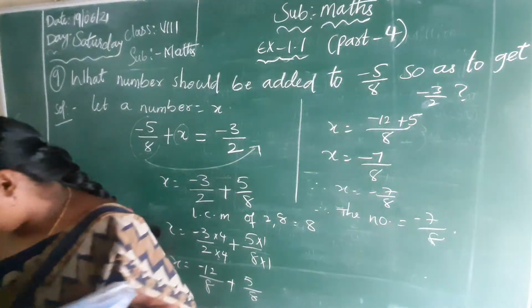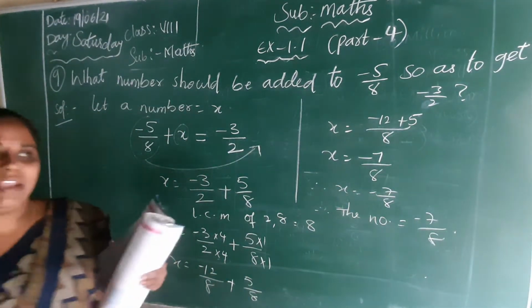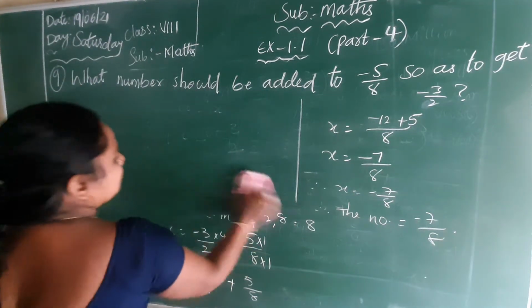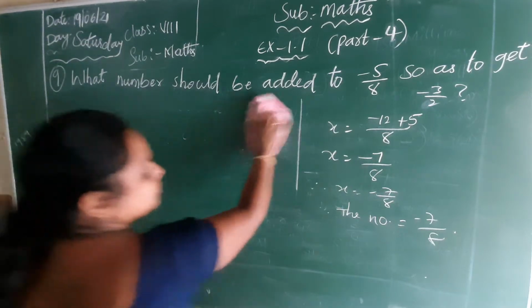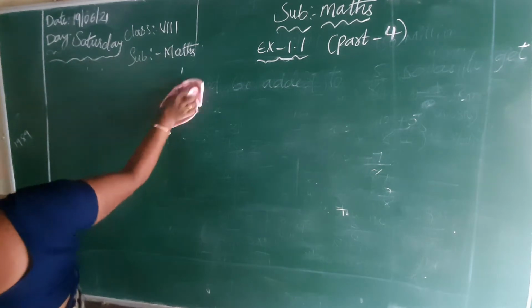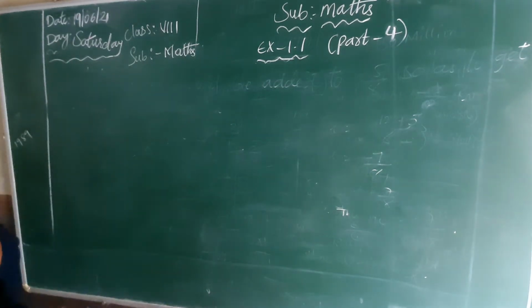Okay, this is your 9th problem. In the same way, you need to do the 10th problem also. So what is the 10th question? The 10th question is given here.